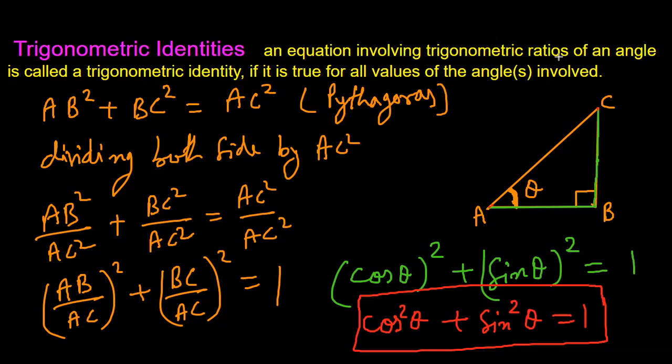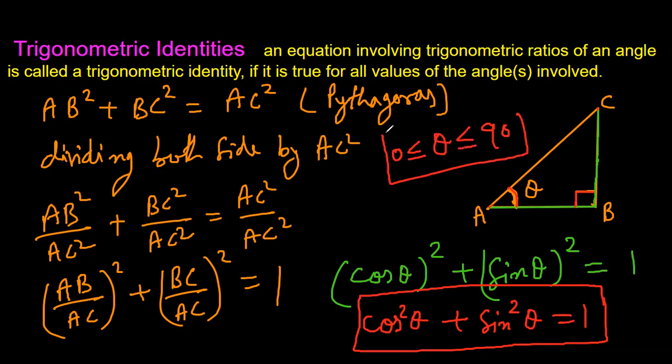What we mean to say is the identity that we have derived right here, cos square theta plus sin square theta equal to 1, will be true for all values of theta. And what can this theta be? Theta is an angle of a right angle triangle, so this angle can be between 0 and 90, where 0 is less than theta is less than or equal to 90.